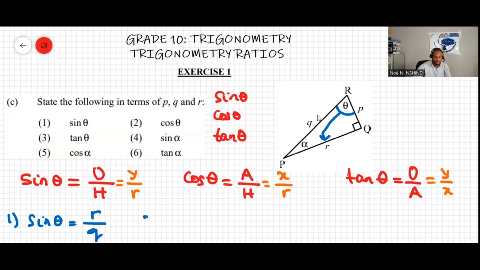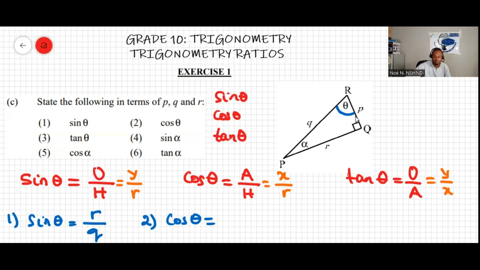And then question 2, cos of theta. I look at where my angle theta is. Cos is adjacent over hypotenuse. The adjacent side is always between the angle and the 90 degrees angle. It is adjacent to this angle here.